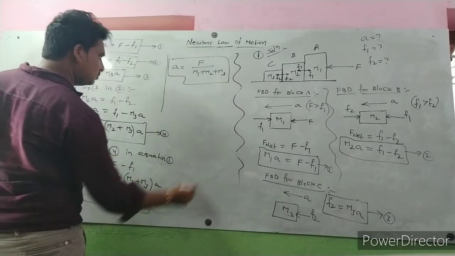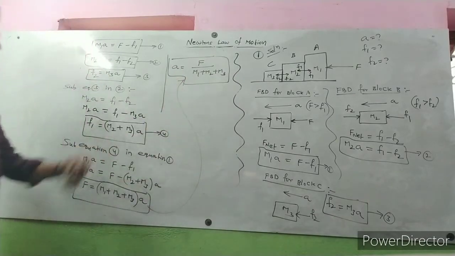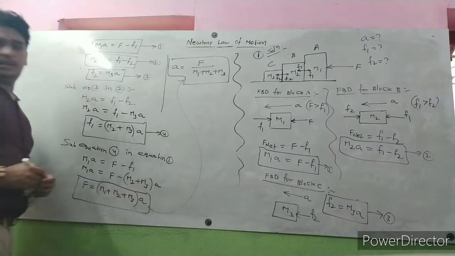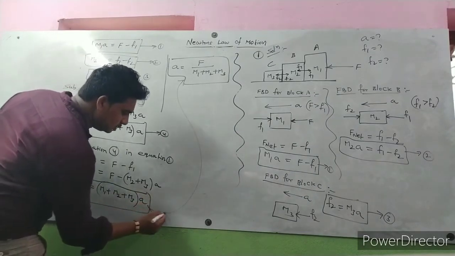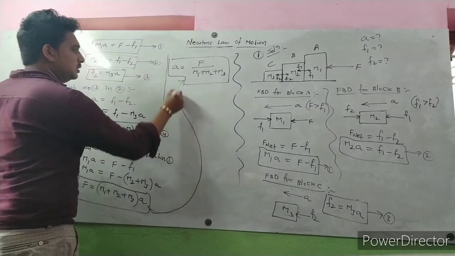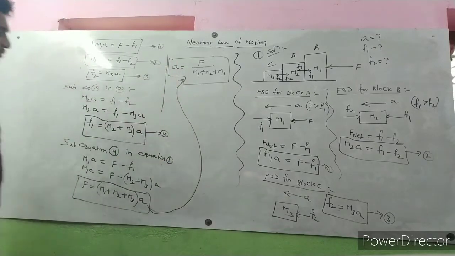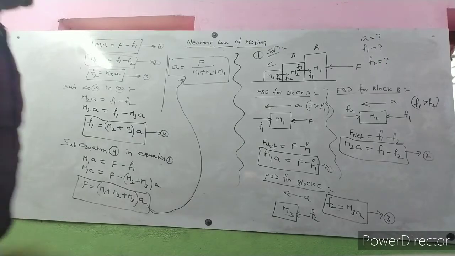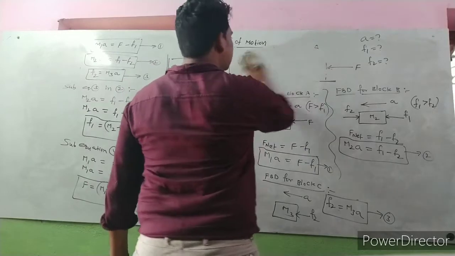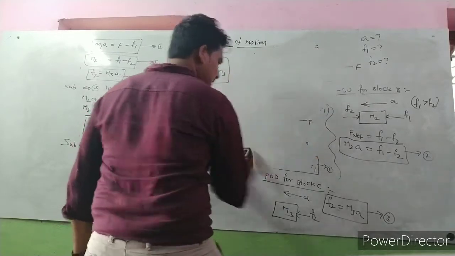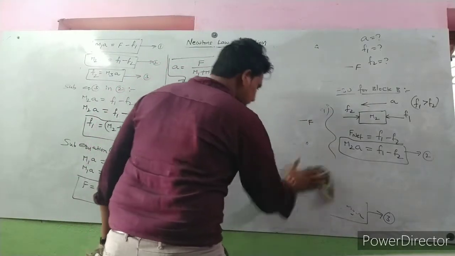Check carefully: from this we got A is equal to F by M1 plus M2 plus M3. Now we need to find the F1 value, F2 value and F3 value.